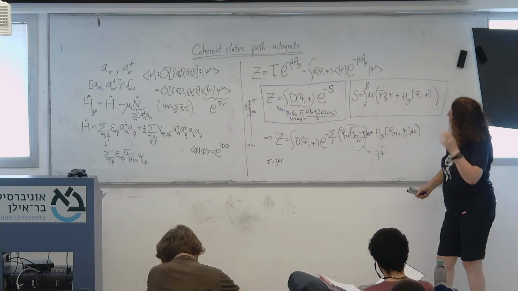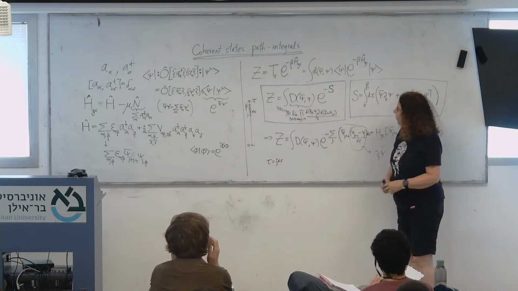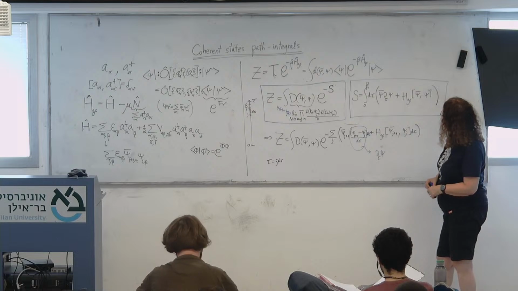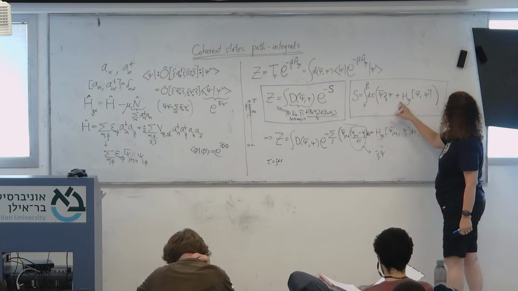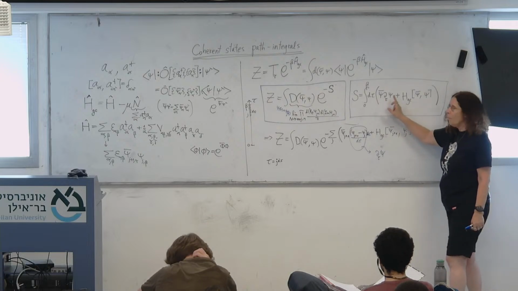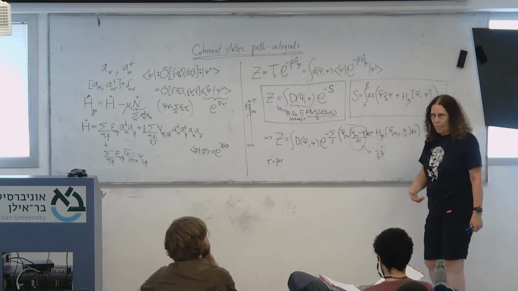So let me once again explain what we're doing here. We are defining an action that is a functional of the field psi, and I remind you that psi is not just one number, it's a vector.